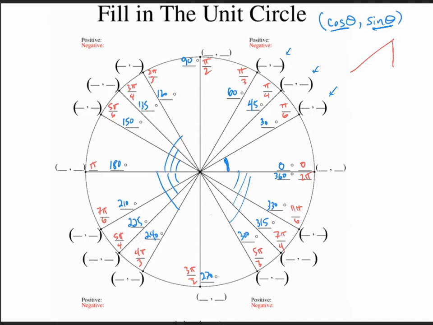First, the 30, 60, 90. So we have a 30, 60, 90. And remember in this triangle, the side opposite 30 is some value. Let's call it Q. The side opposite 60 is that value times the square root of 3.